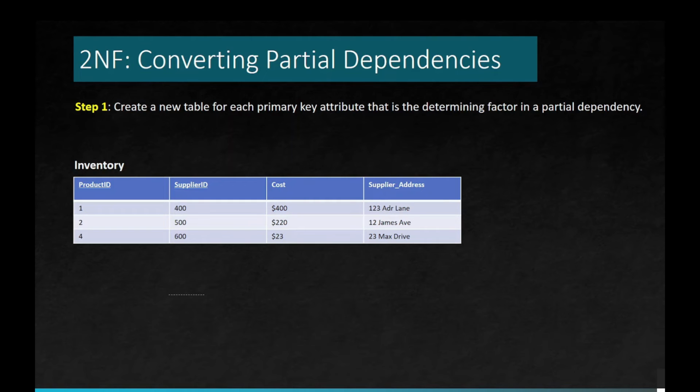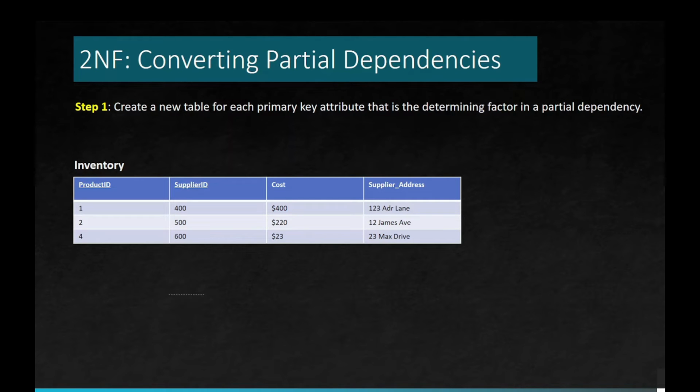So let's take a look at the solution. When we are converting a table to second normal form, we need to remove partial dependencies. The first step in achieving this is that we create a new table for each primary key attribute that is the determining factor in the partial dependency. So to move this inventory table to a normalized form, we need to create a new table.